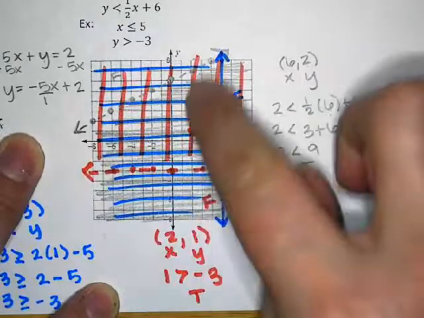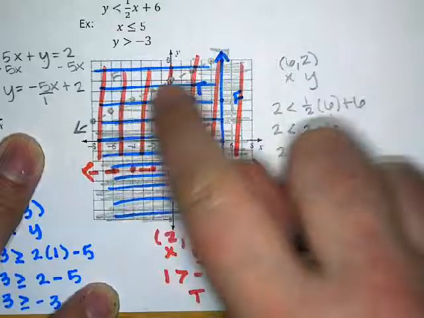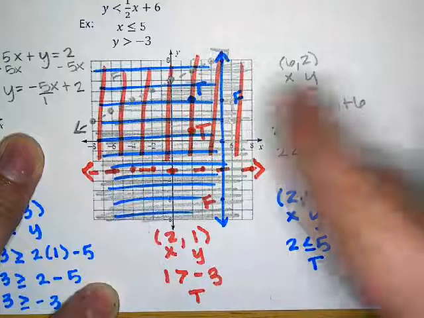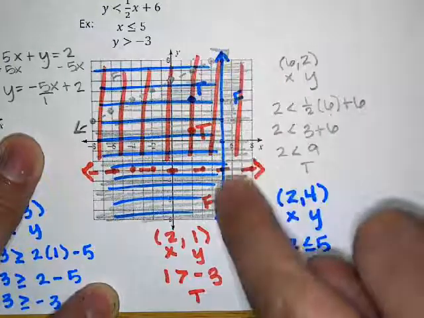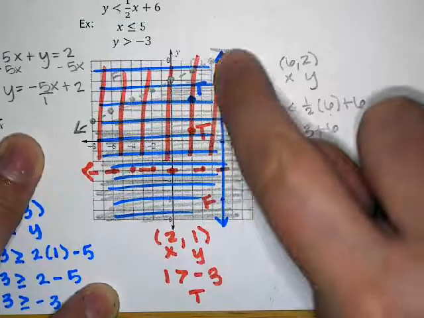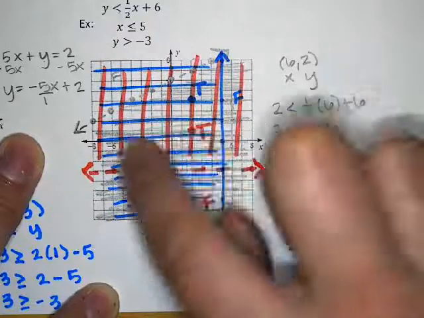Then I cannot use anything on this dotted line, but the answers on this solid line are okay. Not down here, because they're not part of the triple shaded area, but I can use them right here because they're right on the edge of that triple shaded area. So all these answers are good, and then right here.